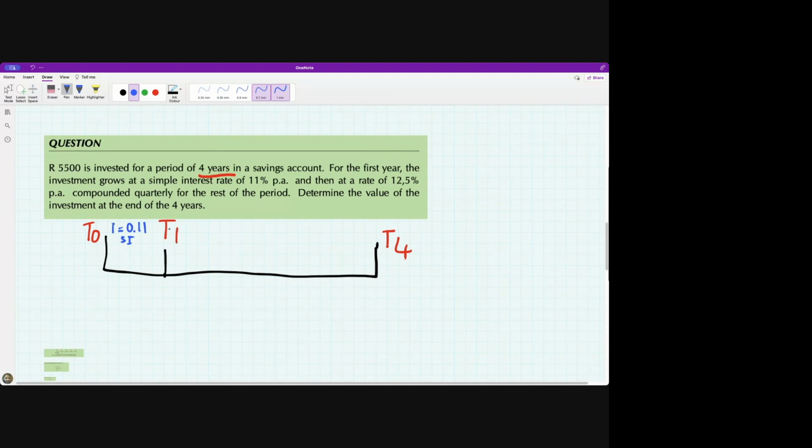And then over here, the interest rate is 0.125 divided by 4. I think that's the important information. You could put CI, but basically CI is the most common one, so we don't say CI for compound interest. Give me a thumbs up if that made sense to you.